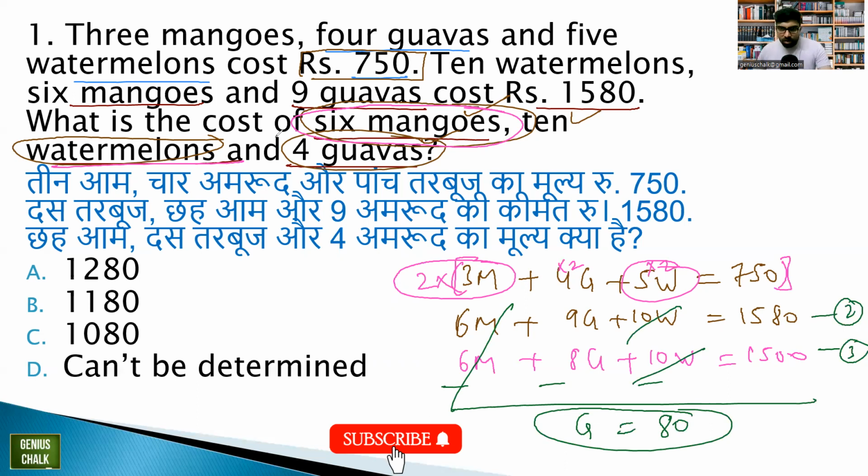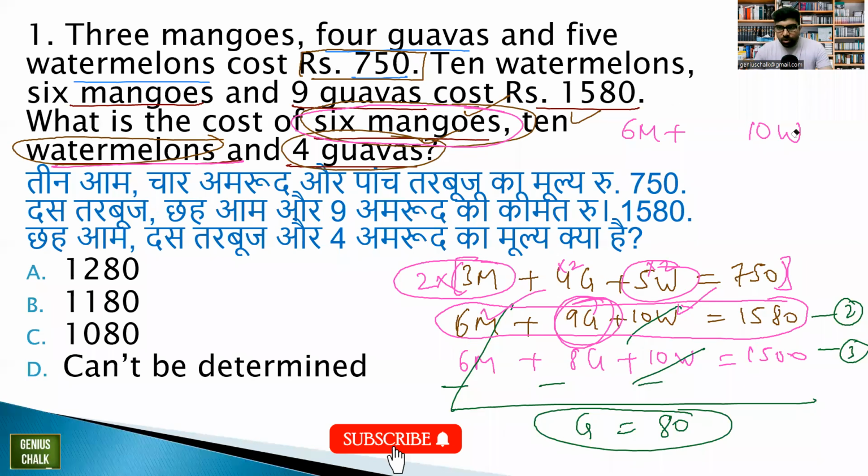So what I'll do is, because 6 mangoes plus 10 watermelons, can I get the value from here? The second equation has 6 mangoes and 10 watermelons, so I can get the values. Already I've got this value of G. So can I write it like 1580 minus 9G?